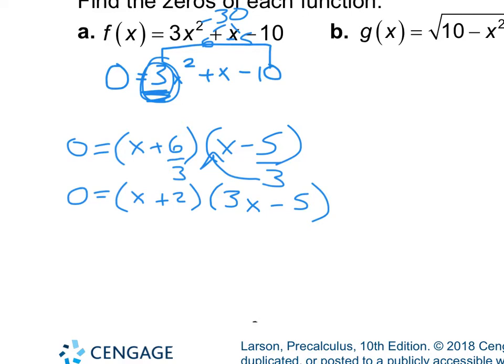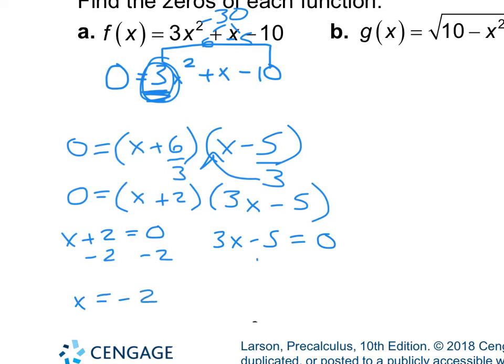So now we set both pieces equal to 0. So we're going to do x plus 2 is equal to 0, and 3x minus 5 is equal to 0. And then just find our two values for x. For our first equation, we just subtract 2 on each side, so we have x is equal to negative 2.